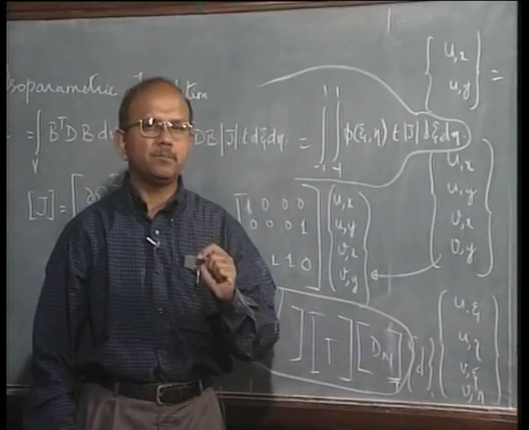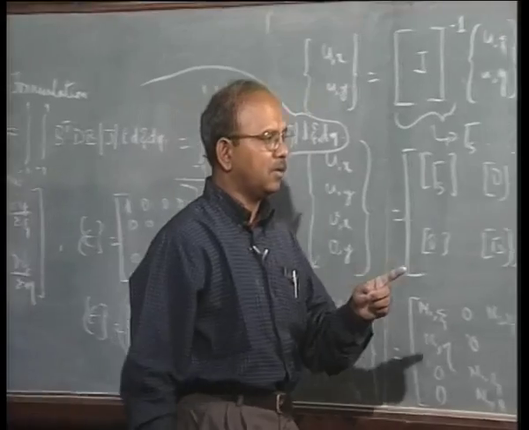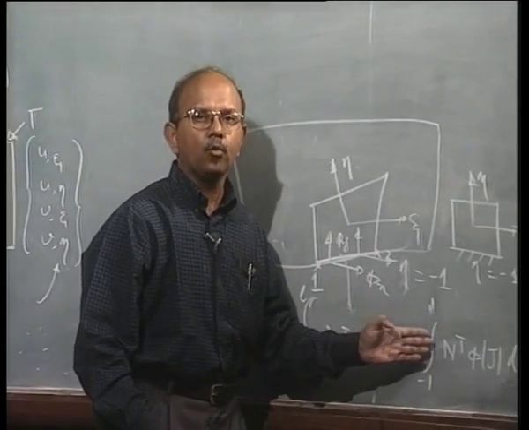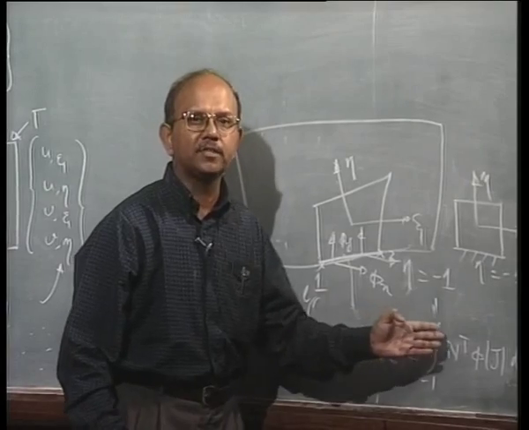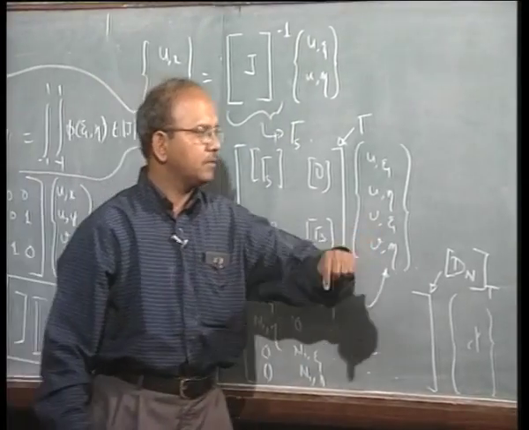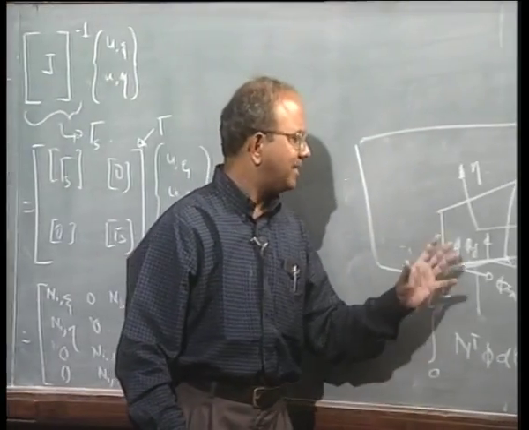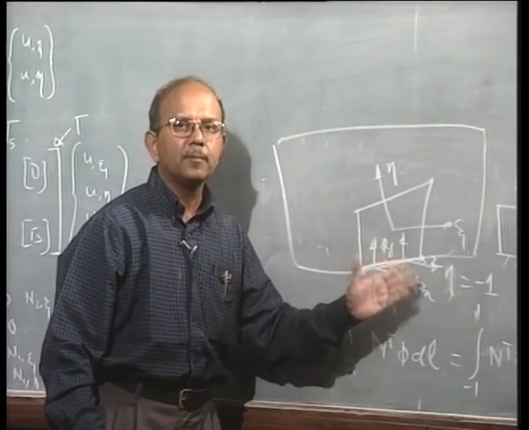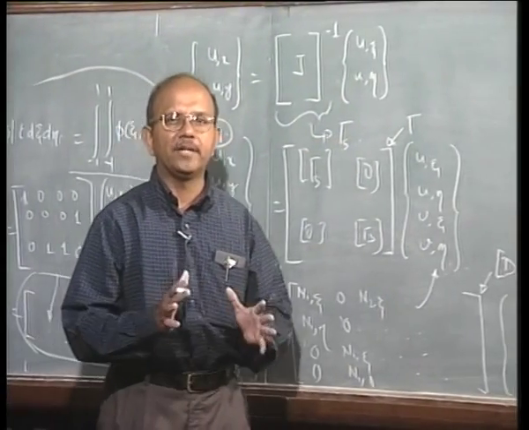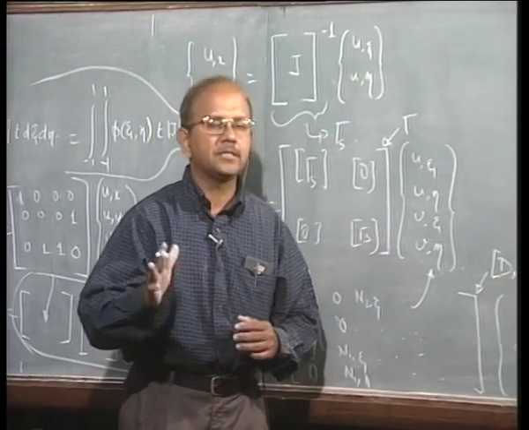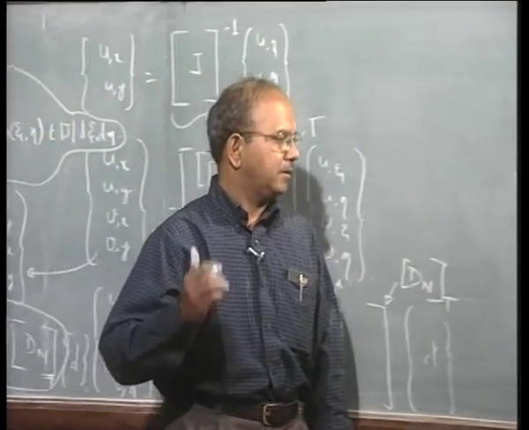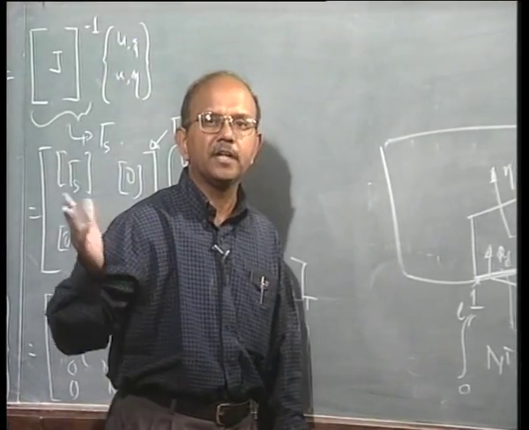The answer is very simple. How do I calculate n now? Because you may wonder, n had psi and eta. How do I calculate n now for one-dimensional case from my previous n's which I have? How do I calculate that? The answer is very simple. In the previous n's, what are the n's you had? 1/4 into 1 minus psi into 1 minus eta, that is for n1, n2 you had 1/4 into 1 plus psi into 1 minus eta, and so on.